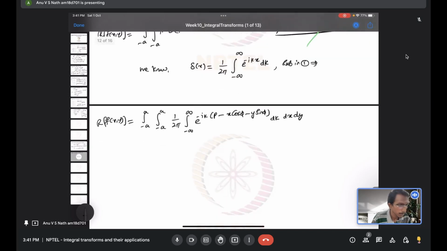So we rearrange the expressions. The 1 by 2 pi is a constant, so we take it outside, and the integral over k we move to the outside.